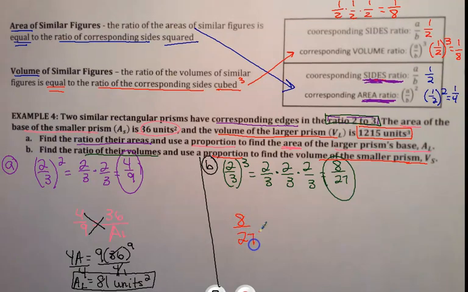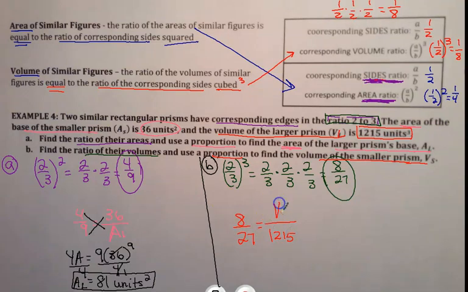So we're going to bring that ratio of our volumes down. This is the volume of the larger one, so it'll go on the bottom, because that's the larger prism.